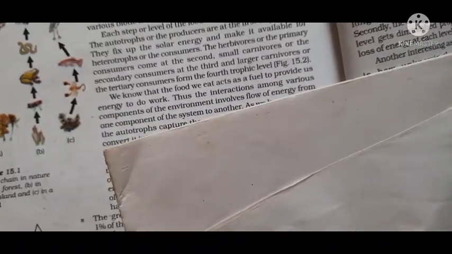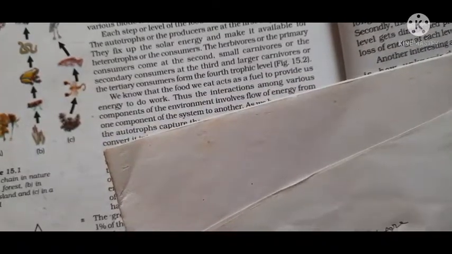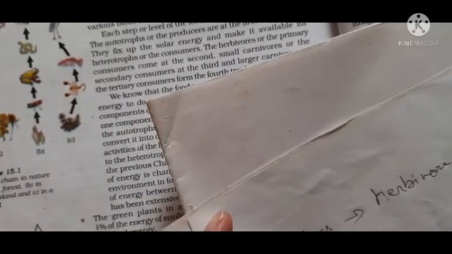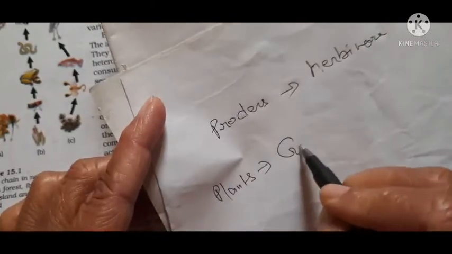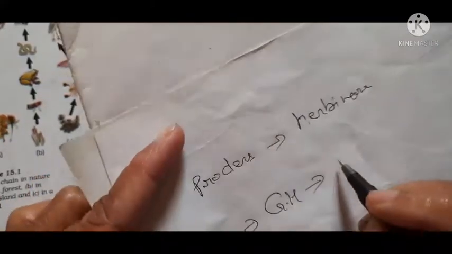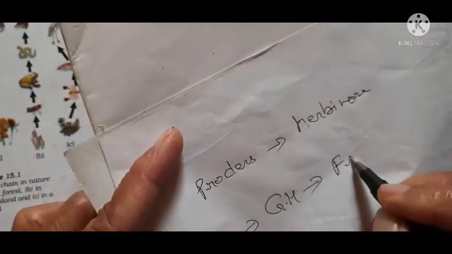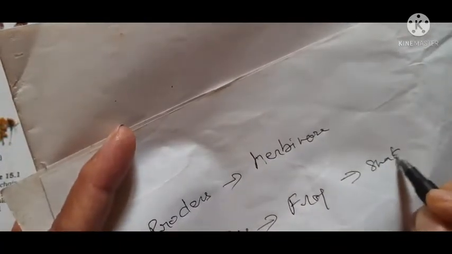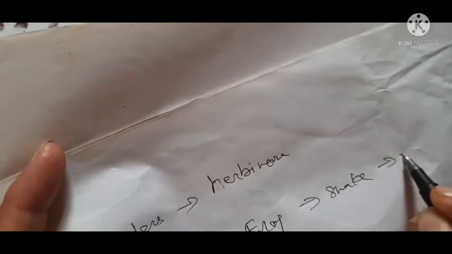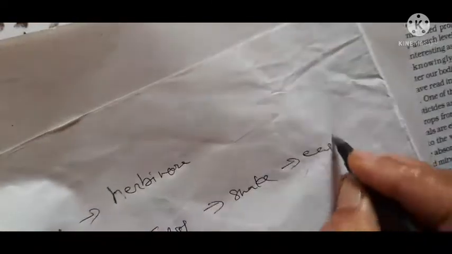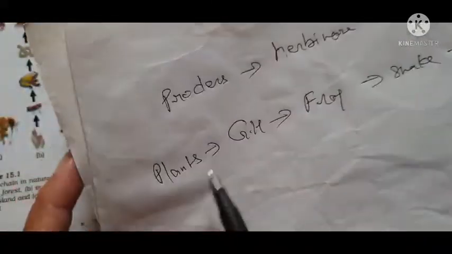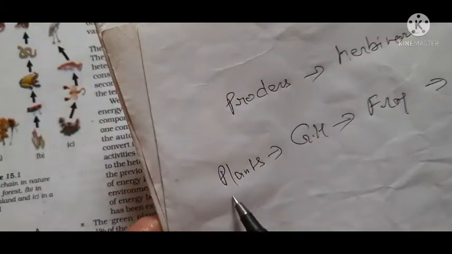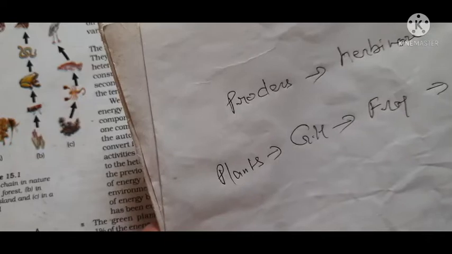Like if these are the plants, they are eaten by a grasshopper, which is eaten by, let us say, a frog, eaten by a snake, and eaten by an eagle. Each level is called a trophic level, and these trophic levels are arranged in the form of a pyramid.